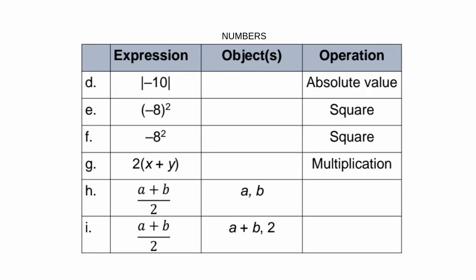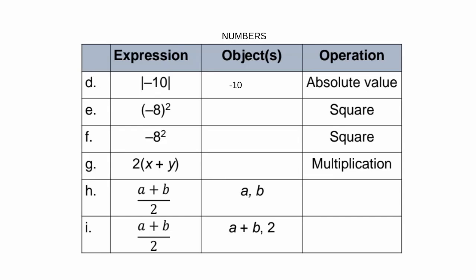Well, if you look at D, the object is the number inside the absolute value bar, which means our answer for the object is -10.